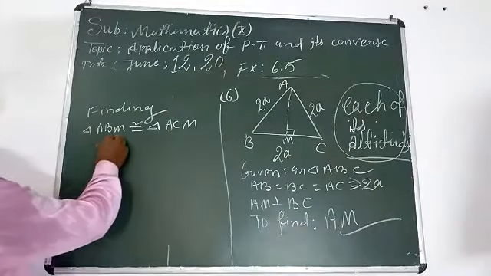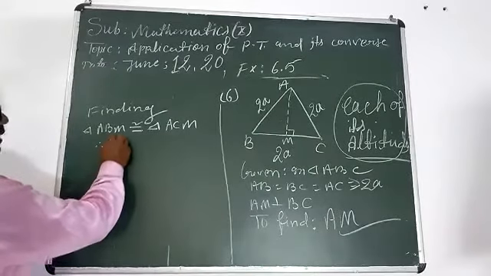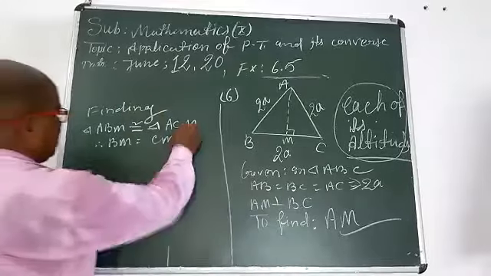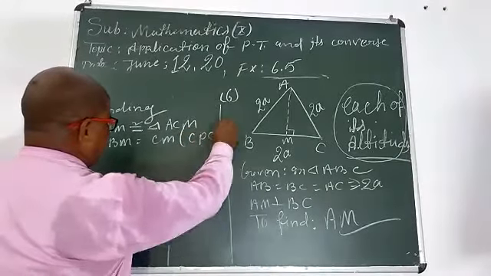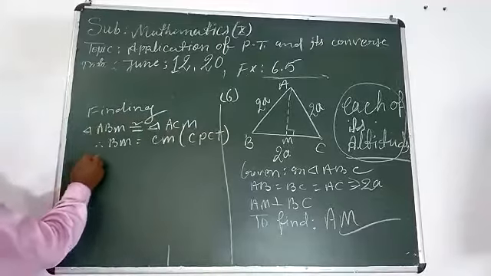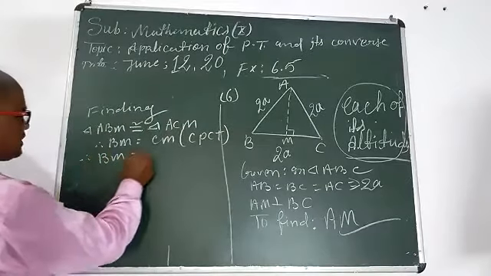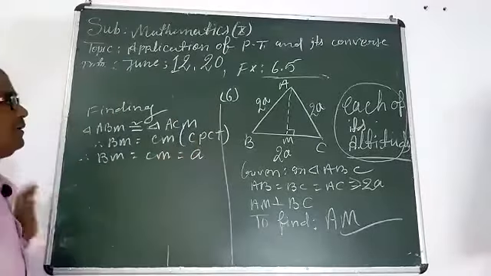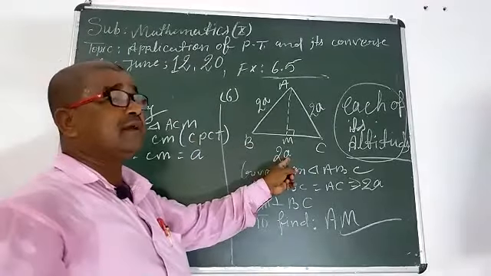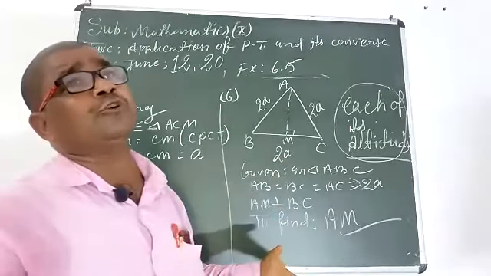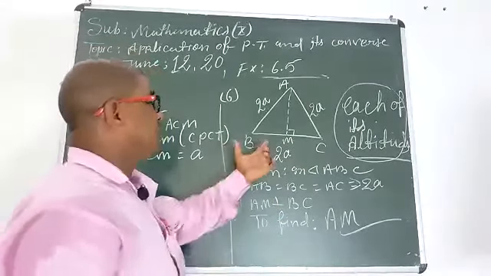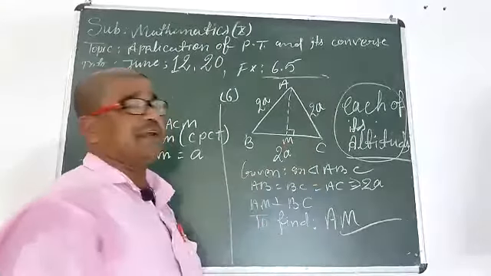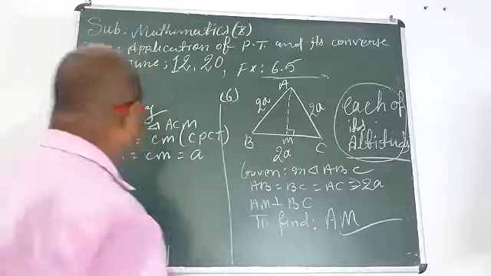By the help of CPCT, you can say BM equal to CM, so that BM equal to CM equal to A. Because BC is 2A, now 2A is divided into two equal parts. So BM is A and CM is A. Because BM plus CM equal to A plus A equal to 2A.